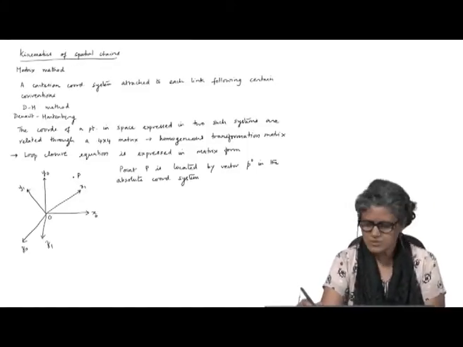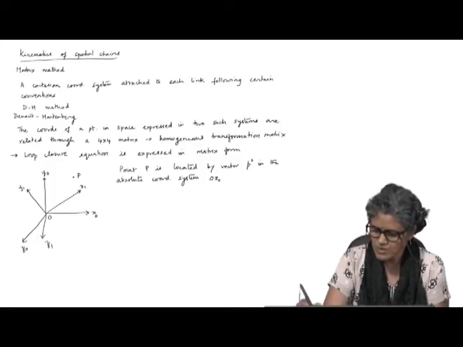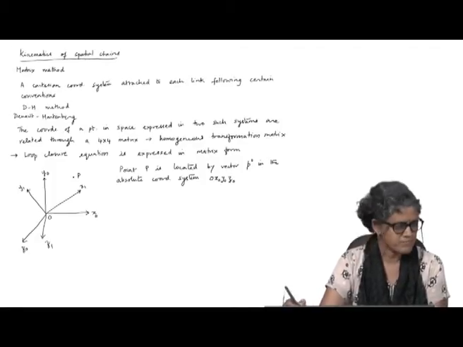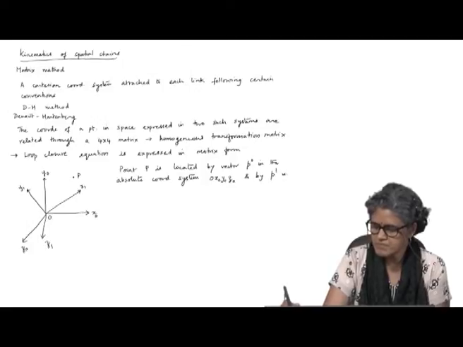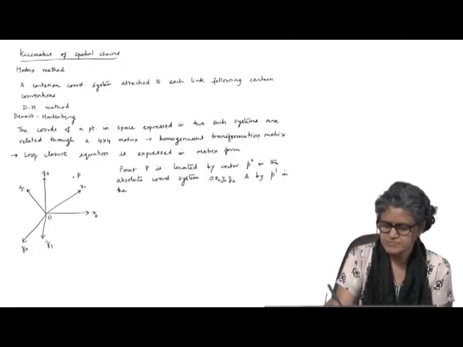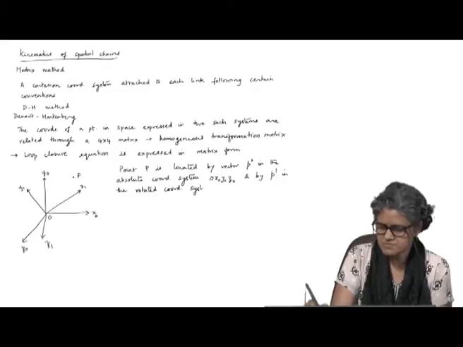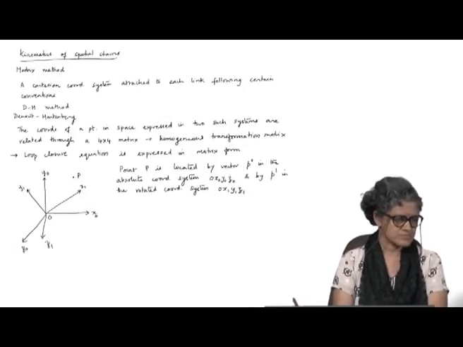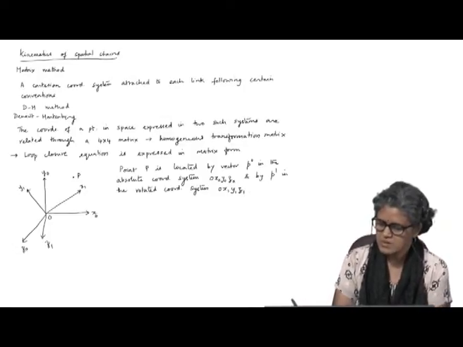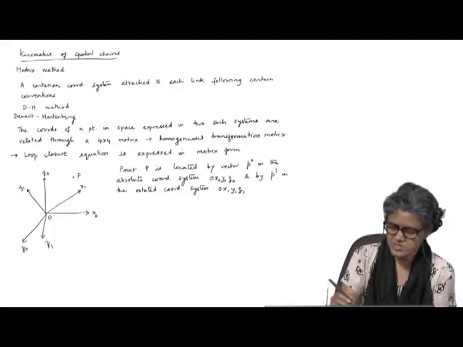In the absolute coordinate system O x0, y0, z0, and by P1 in the rotated coordinate system O x1 y1 z1. So, both are descriptions of the same point position.